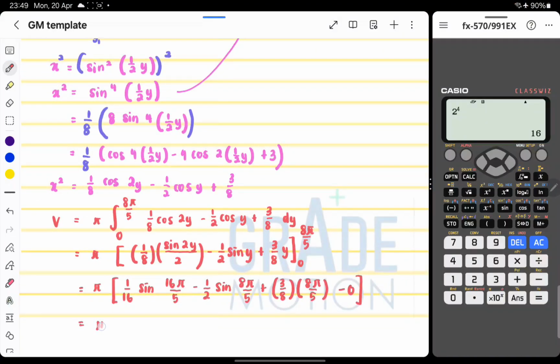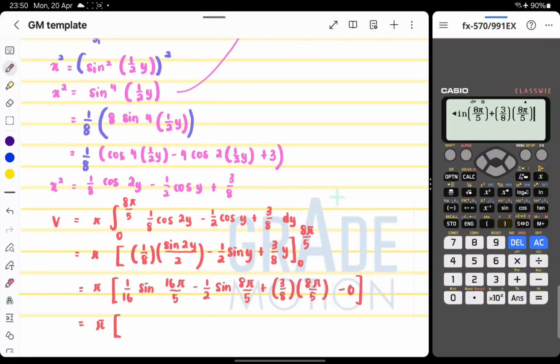Let's compute the value. Let's just use our calculator. 1 over 16 sine 16 pi over 5 minus 1 over 2 sine 8 pi over 5, plus 3 over 8, close bracket, open bracket, 8 pi over 5.